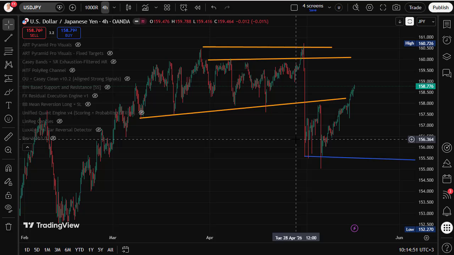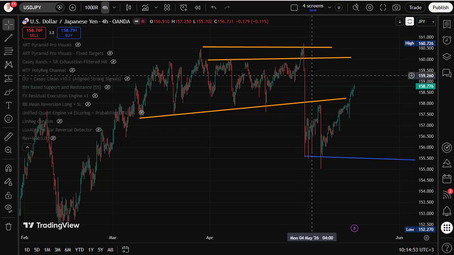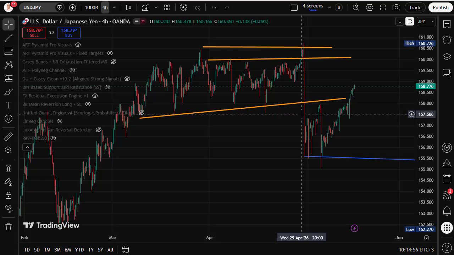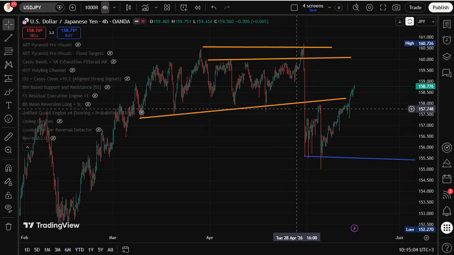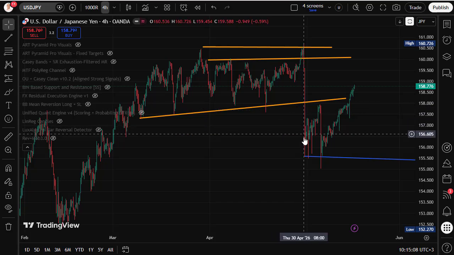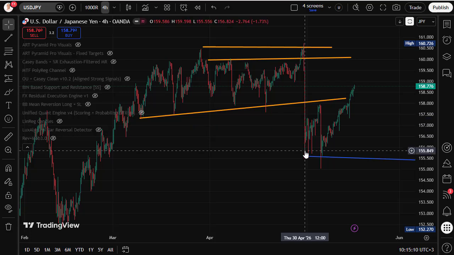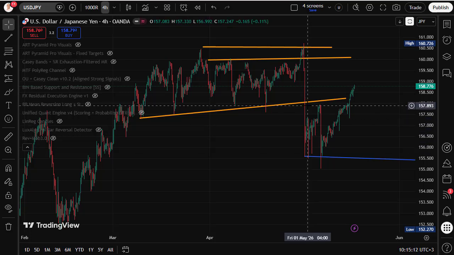The news are important enough to cause the price to move below. And once this is broken, what happens here? We have buy stops that are triggered. We have sell stops. We have all different kinds of orders here that get triggered. So this move accelerates. And it is an important move.